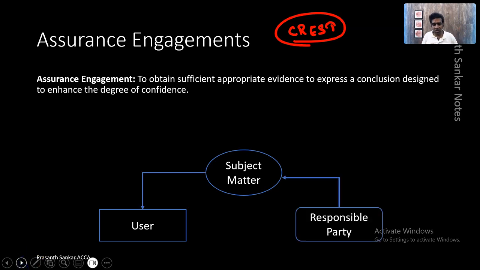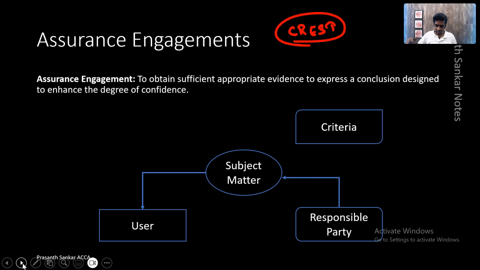There will be a responsible party, the person who is managing the subject matter. In the case of the food, I am the consumer who is paying 1,000 rupees to buy the food. There will be a chef who would have cooked the food, or the restaurant who is the responsible party cooking the food for me. There will be a criteria.